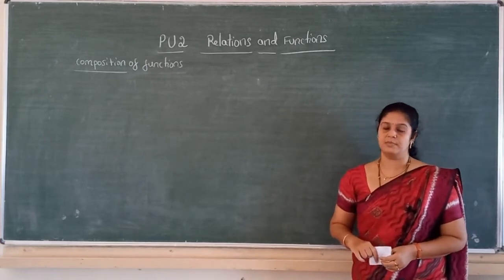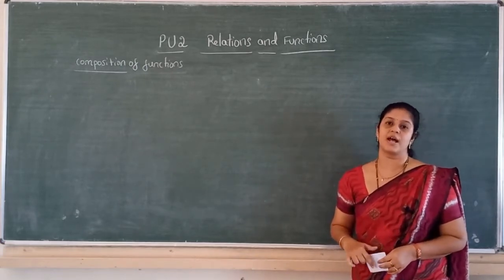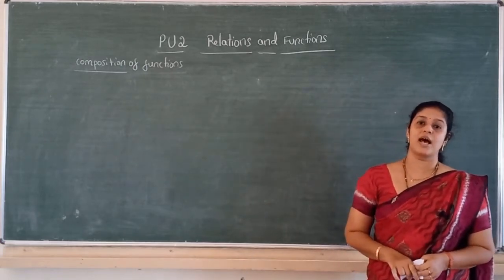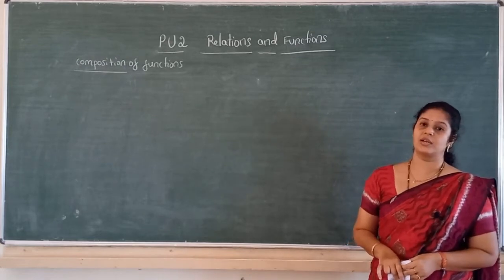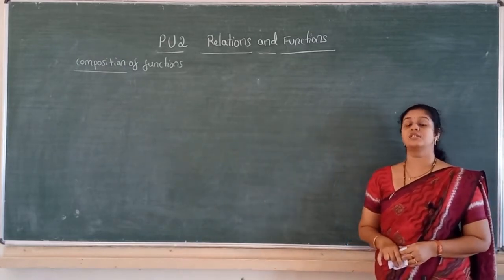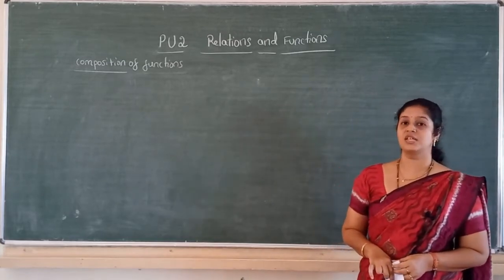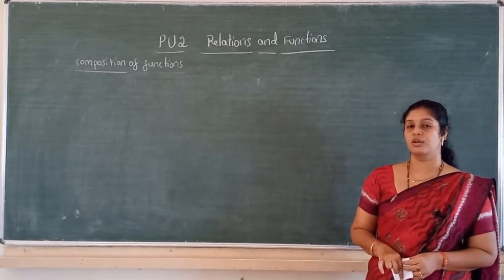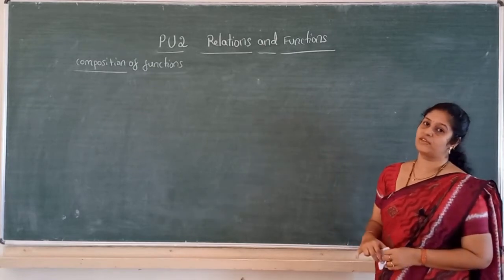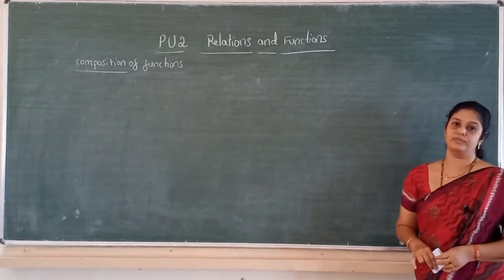My second homework question is, are f and g necessarily onto if g of f is onto?